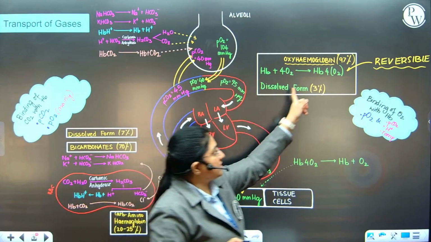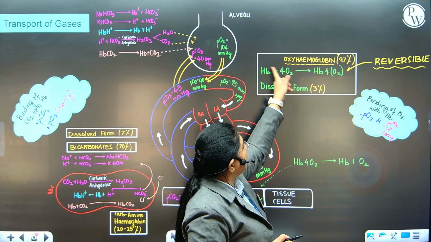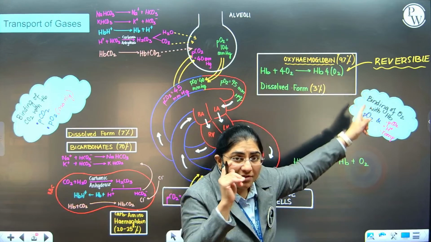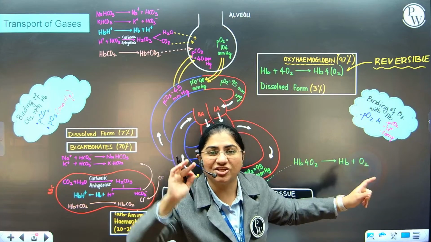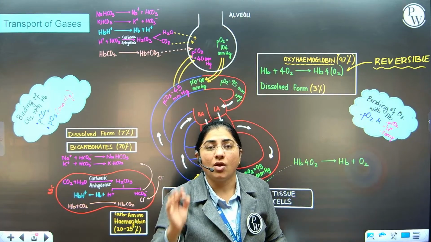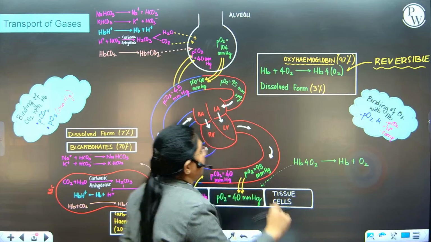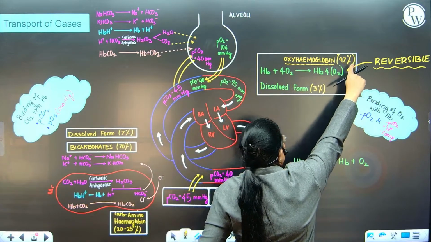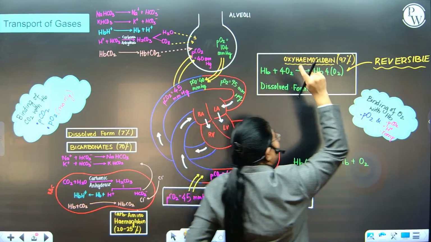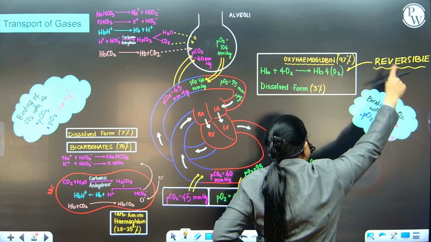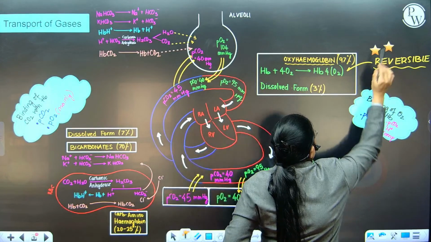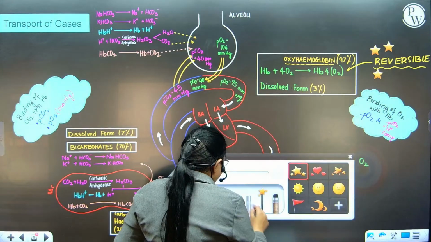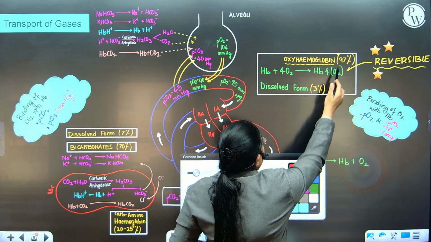So this process where the hemoglobin carries oxygen, remember, is not oxidation, it is oxygenation. What is it? Oxygenation. So 97% binds with hemoglobin in a reversible manner, very, very important, to form what is called oxyhemoglobin.